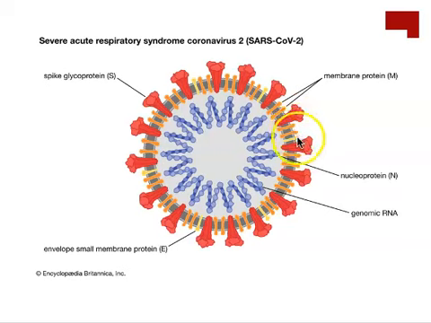Smaller orange and yellow proteins, and then the larger red protein. The red is the true spike protein. That's the protein that binds to receptors on our cells. We know that the SARS-CoV-2 virus binds to a receptor called an ACE2 receptor.